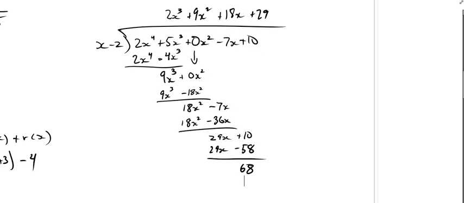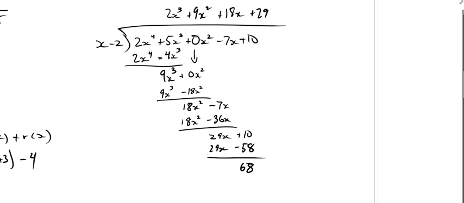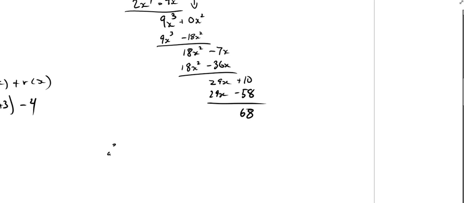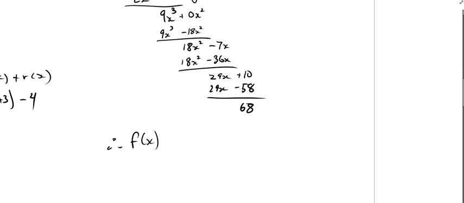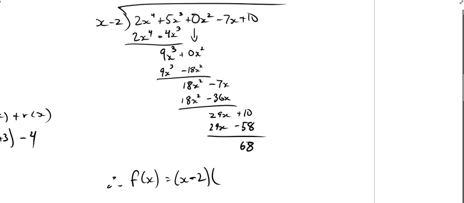Try to write your division statement, your summary statement. Remember, it's d at x, which was x minus 2, and these parts have to be in brackets because you're multiplying the whole thing by the whole thing.